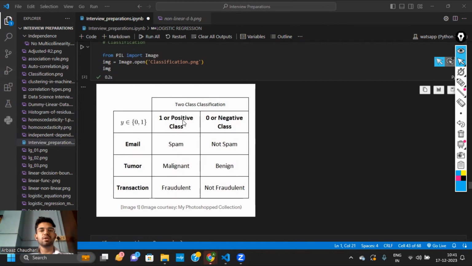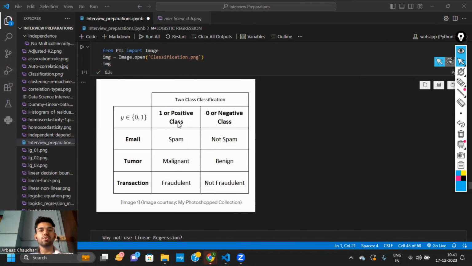You can give labels like positive class or negative class, depending on which class is of importance in the problem you are solving with the model. Suppose I want to give spam as the positive class, so I will label it as the positive class, and not spam I will label as the negative class.